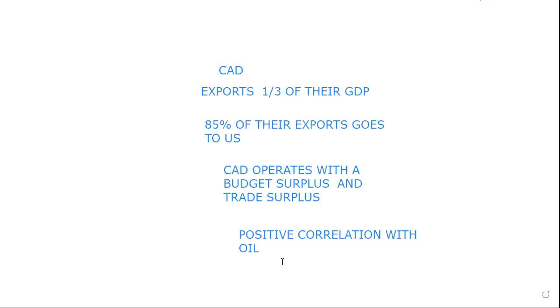So two things, oil and the US economy, are what affect the Canadian dollar, because the US economy absorbs a larger percentage of the exportation, and the Canadian dollar has a positive correlation with oil. Whenever oil prices rise, the Canadian dollar also rises; whenever oil prices drop, the Canadian dollar also drops.